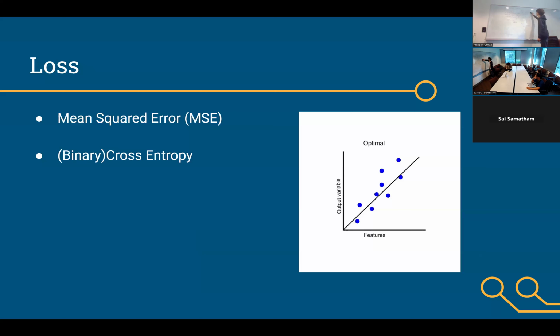The other thing you might use is binary cross entropy. Let's say you have only two classes, so this is a binary classification problem. Binary means two. In this case, you don't need two output neurons, you only need one. Say our example is classifying whether an email is spam or not spam, a very common use of AI.